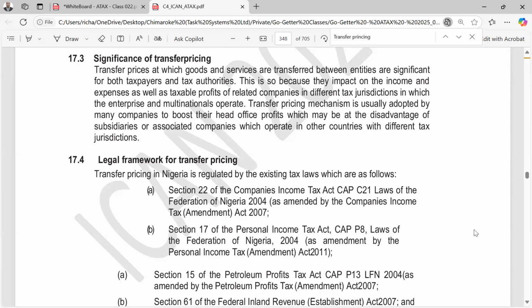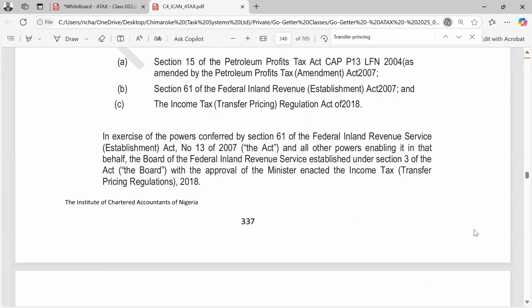And so transfer pricing could be a mechanism that, if adopted and used in a certain way, could boost the head office profits, and it could also be a disadvantage to some companies. Now, imagine if Nigeria is part of the disadvantaged countries. You see that transfer pricing will have a kind of negative significance on Nigeria. So we are going to be discussing some of these things here.